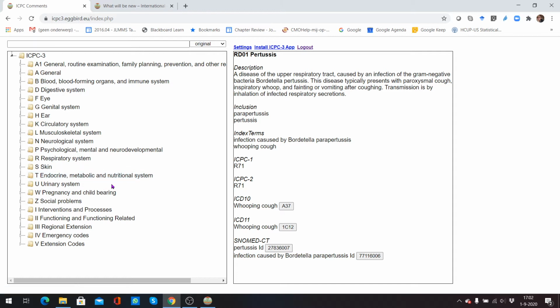The classes in these 4 chapters make it possible to identify family planning and prevention, social problems, examinations and policies, and possible problems with activities and participation. This kind of information is key in order to be able to understand what's happening in primary care from a patient's point of view.